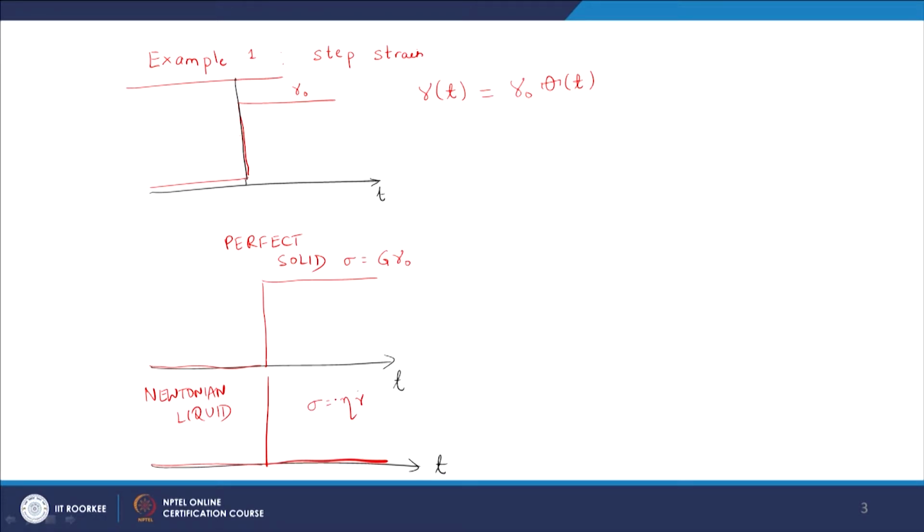In fact, the first one applies to all solids with no liquid nature. So, I want to emphasize this point over and over, that the material may show a change in viscosity with time or a change in viscosity with applied shear, but it may still not possess an elastic modulus.